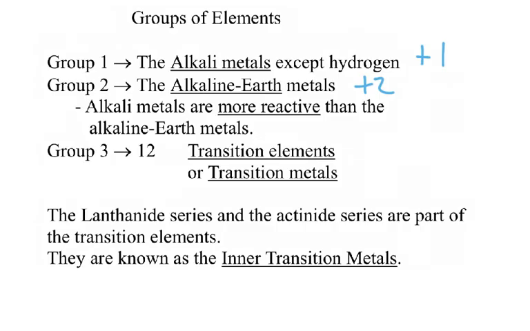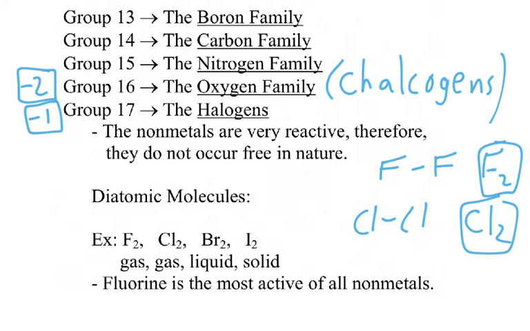Now, what does that mean for us? That means that the reactivity is decreasing, so the first 4 elements are diatomic because they're so reactive that they pair up with each other. By the time you get to AT, it's not as reactive, and AT will already exist freely in nature.